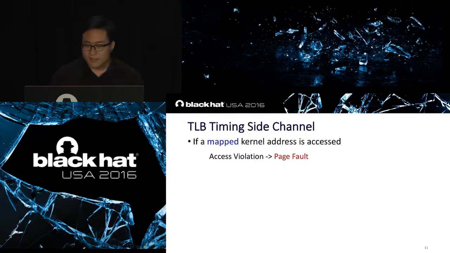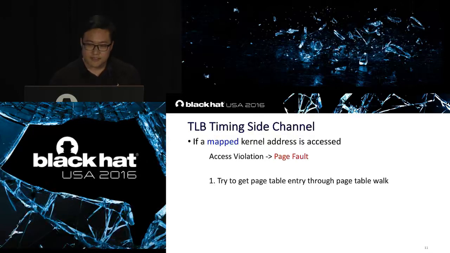On the other hand, for the mapped address, the reason is different. There is a page table entry, but its privilege is ring 0 and we are in ring 3, so it's an access violation. To check that, the processor is required to do the same thing as with the unmapped page, going through the page table walk, but the different thing here is that there is a page table entry at the end.